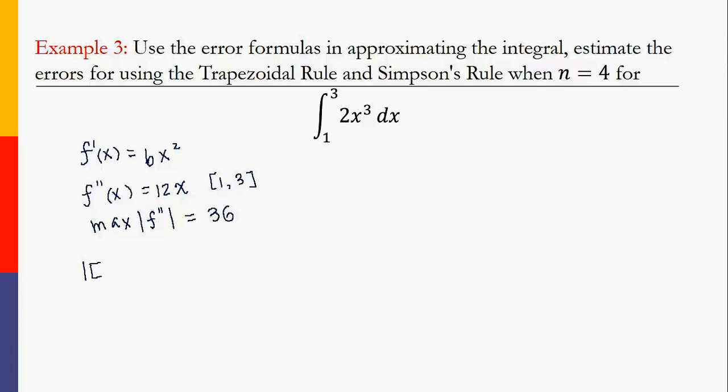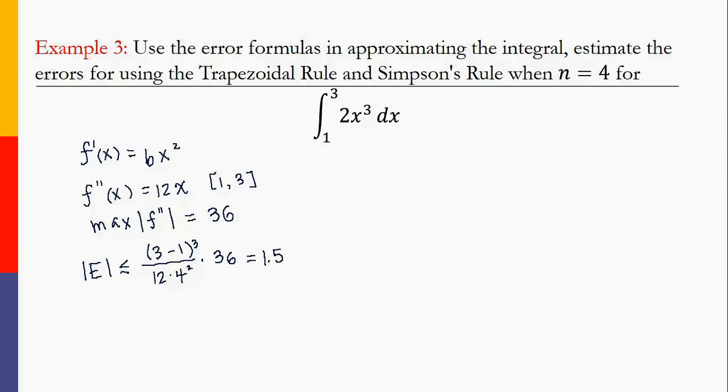According to the formula, the absolute value of the error is no more than (b minus a) to the third power divided by 12n squared times the maximum of the second derivative, which is 36. Evaluating this expression, we get our answer, 1.5.